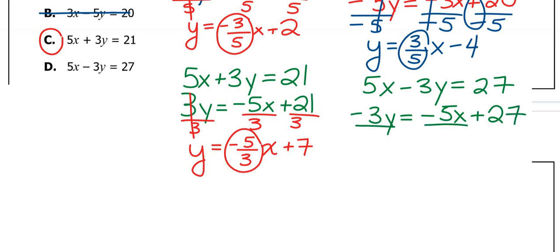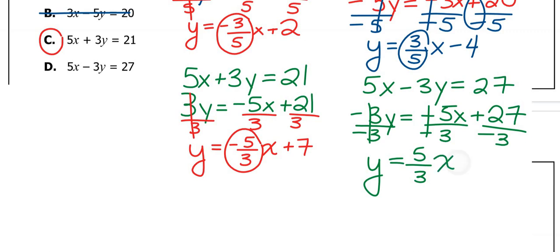Divide every term by negative 3. These cancel. So y equals negative 5 over negative 3, that becomes positive. So 5 over 3x minus, because I have a plus and a minus, 27 divided by 3 is 9. 5/3 positive is the slope of the last one, so it's not choice D.